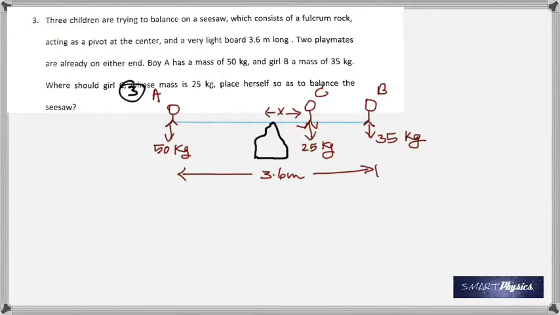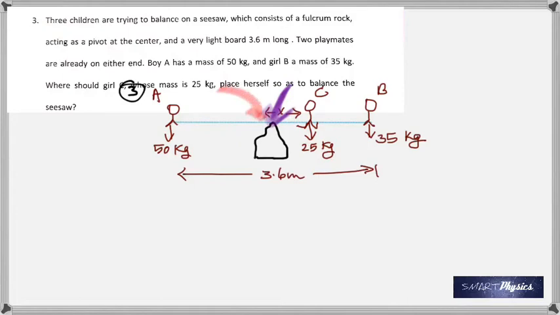So the diagram should now make sense, and if it does, then calculating the torque about this point, you see that there are two clockwise and one counterclockwise. 35 and 25 create the clockwise, while 50 creates the counterclockwise.